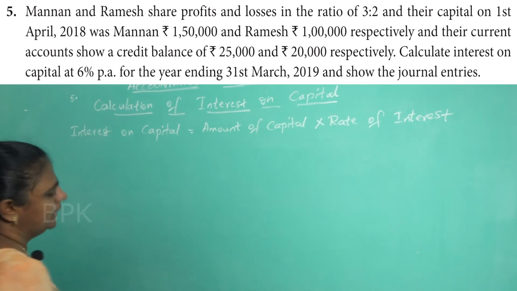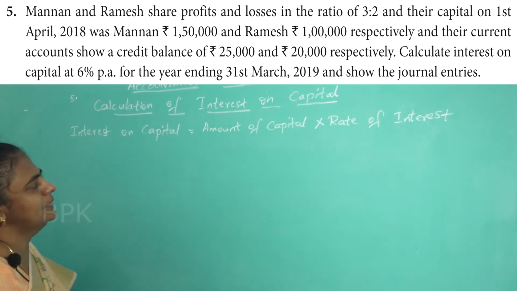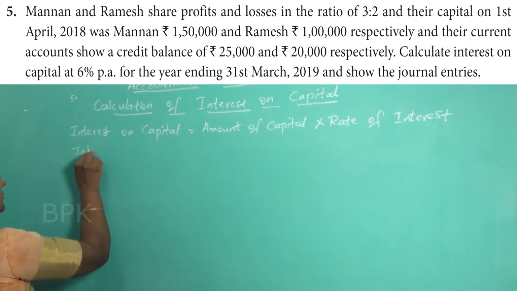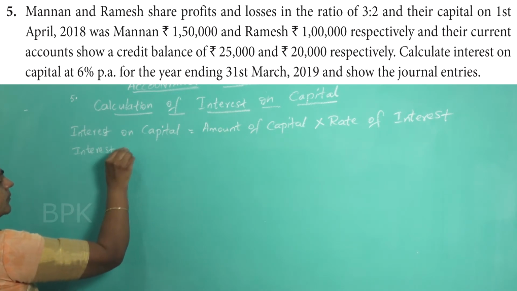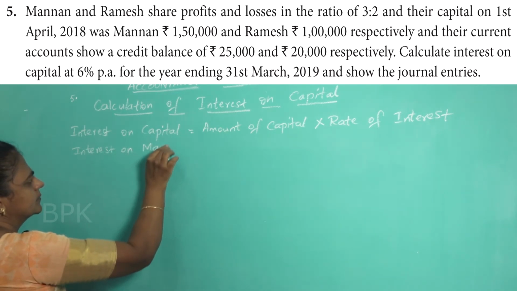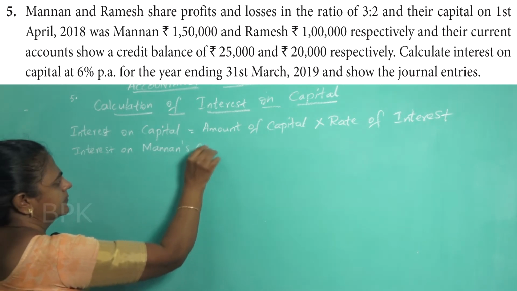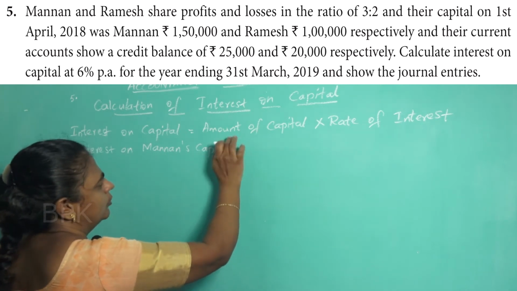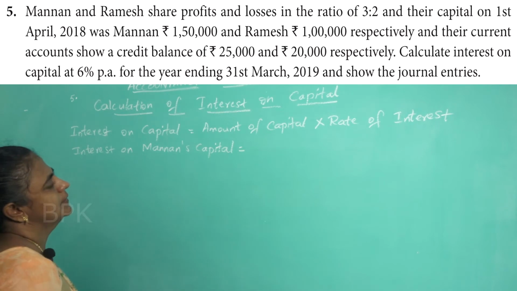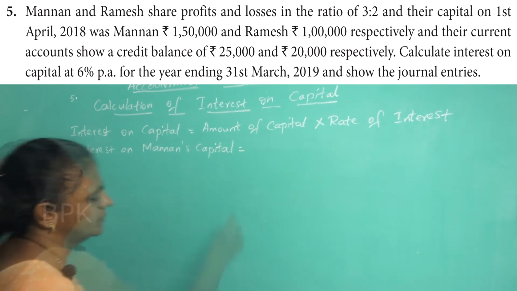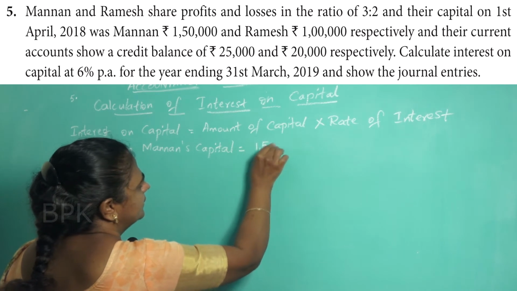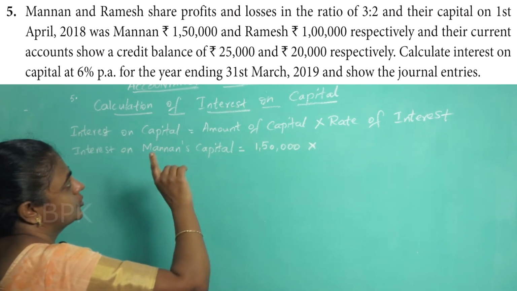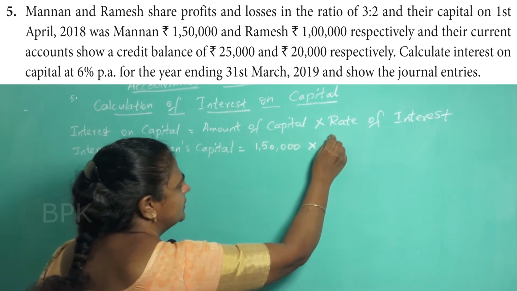First you have to calculate for Mannan and then for the second partner. Now interest on Mannan's capital is equal to, what is the amount of capital for Mannan? See the question. Mannan's capital is 1,50,000. He has invested 1,50,000 and the rate, calculate interest on capital at 6%. 6% means what? 6 by 100.